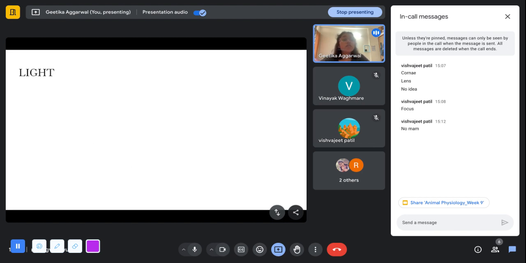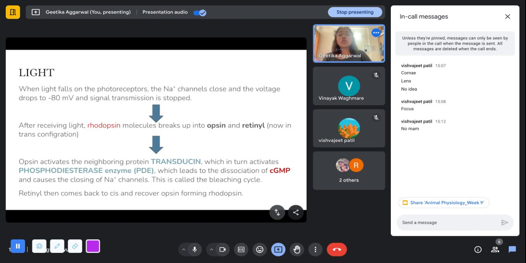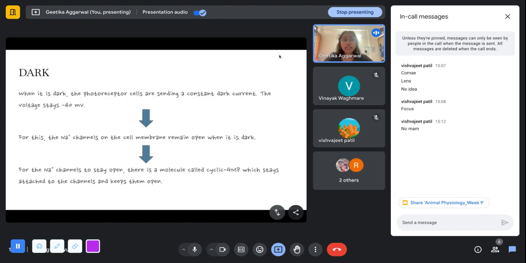But when the light falls onto these rod cells, that is when a certain series of events happen. When light falls onto the photoreceptors, these sodium channels close and the voltage of the cell drops down to minus 80 millivolts, and there is no signal going on. Like I said, when it is dark, every cell is sending out a signal.